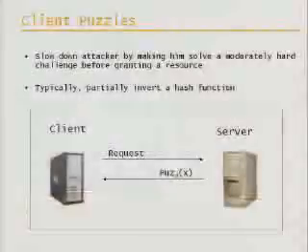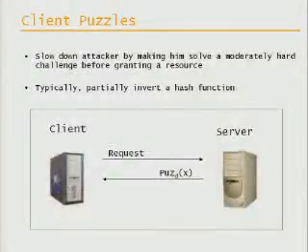One of the methods used to address this problem involves client puzzles. The idea here is that you want to slow down the attacker by raising the cost of connecting to the server. So the client, in this scenario, is going to send a request to the server. And the server, rather than just doing the thing that the client has asked for, is going to send back a puzzle, which I've written like this: puz sub d of x.